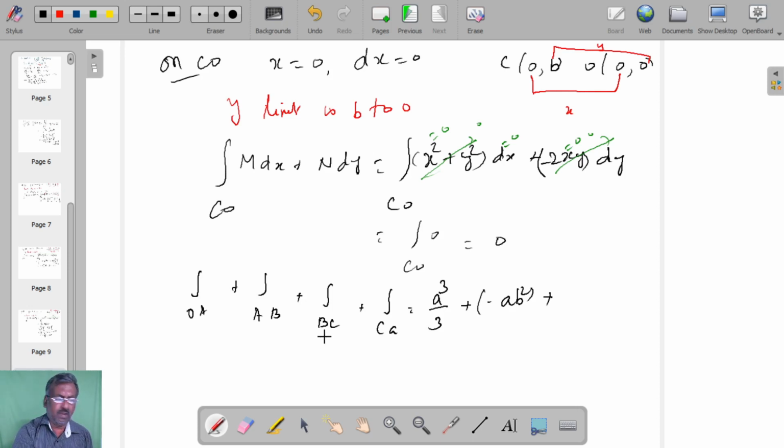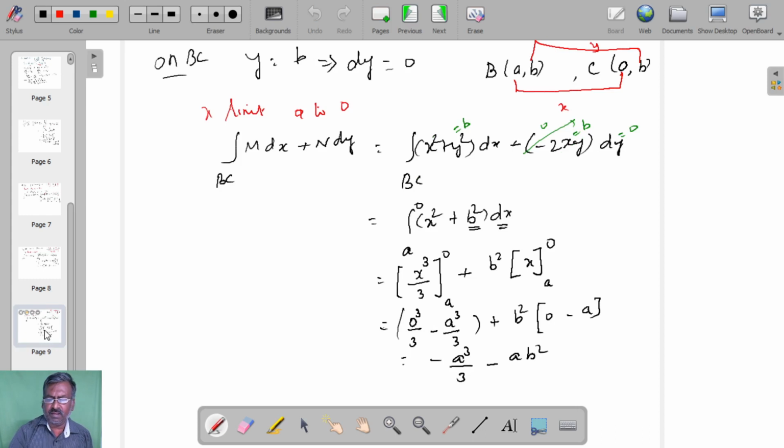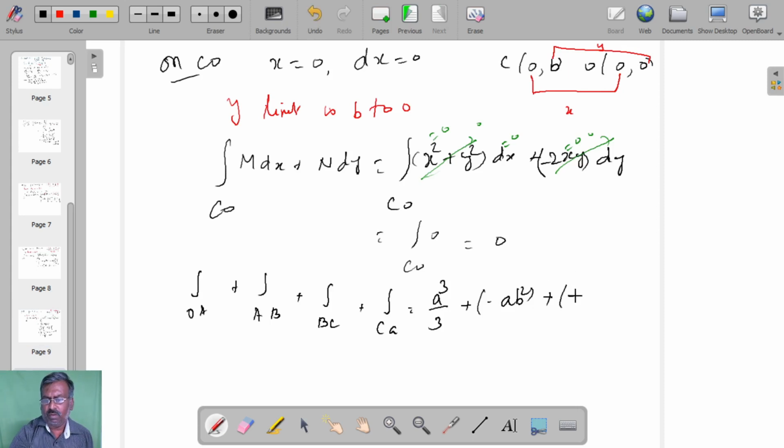The BC answer is minus a cube by 3 minus a b square. Plus the integral for CO, and the answer for CO is 0.